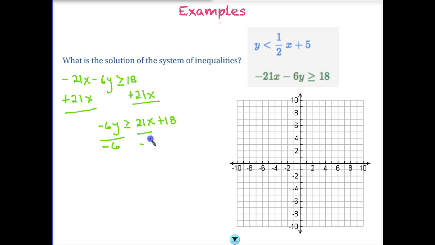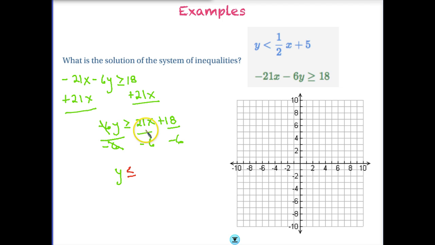All right, so you need to divide every term by negative 6. So negative 6, those cancel, and I'm left with y. And I'm going to switch my sign: is less than or equal to 21x over negative 6. We're going to go ahead and reduce that because it'll be hard to do a rise of 21 and a run of 6.